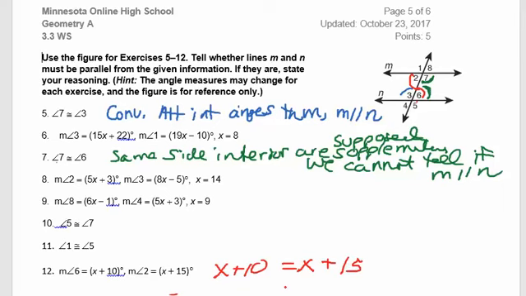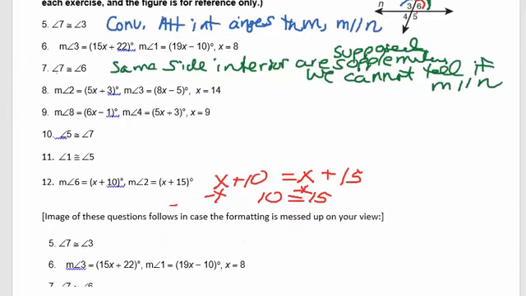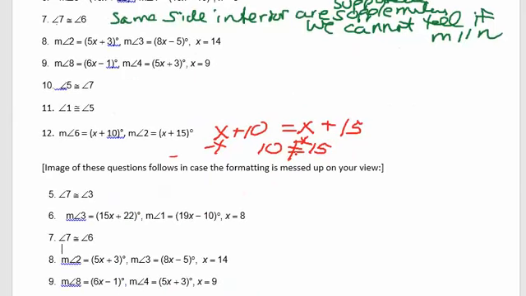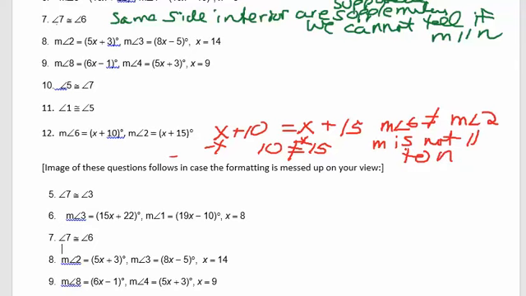But I'd have to subtract x from both sides. I'd get 10 is equal to 15, which is not true. So they must not be equal to each other. So measure of angle 6 is not equal to measure of angle 2, because when we try to set them equal to each other, we got a false statement. So these lines are not parallel, at least not by the information that we are given there.